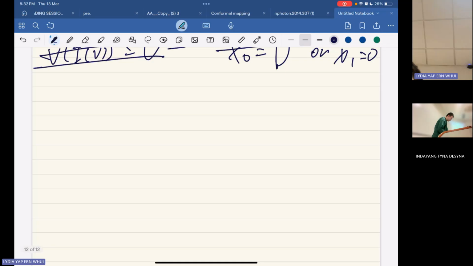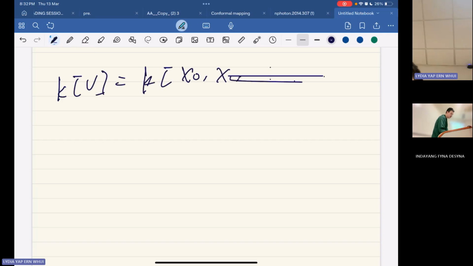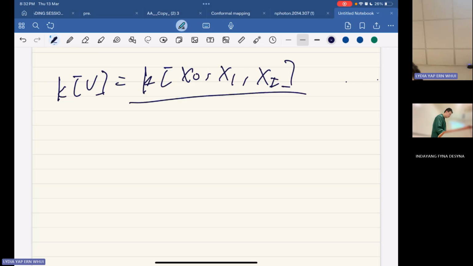And we can consider what the Hilbert function of this variety is. Here K[V] is equal to K[x0, x1, x2] quotient by this ideal, right?